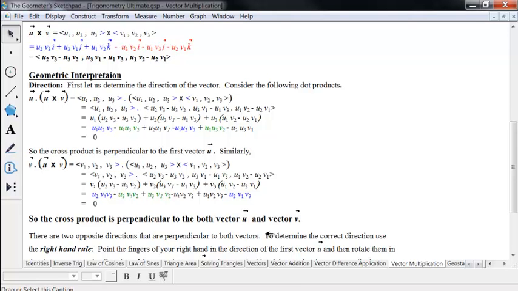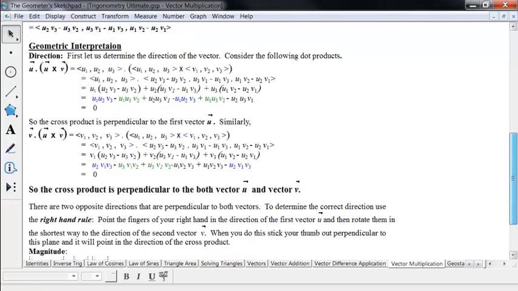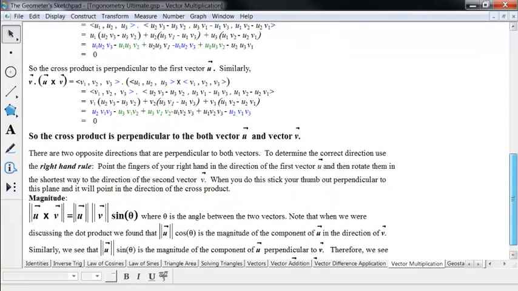Now, there's actually two different directions that could be. Think if you draw on a whiteboard two vectors, then the cross product could either be pointing straight out of the board towards you or straight out of the board away from you, and so there are two different ones to choose from. We can choose between them with what's called the right hand rule. You place the fingers of your right hand pointing along the first vector.